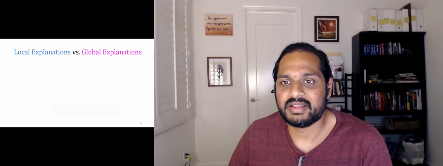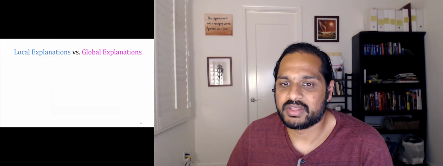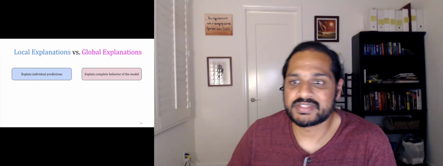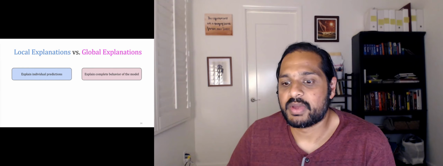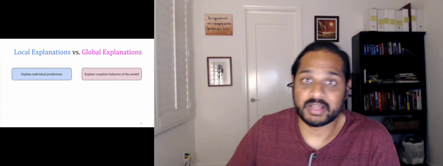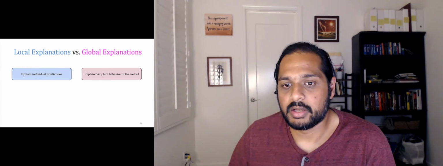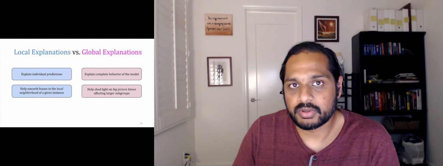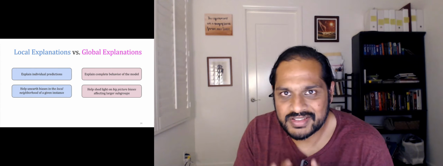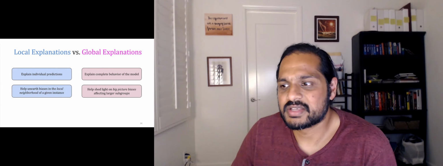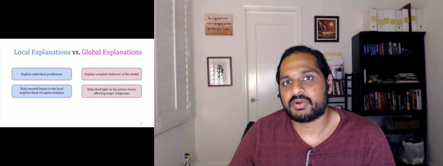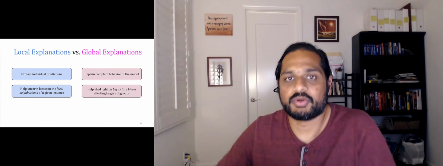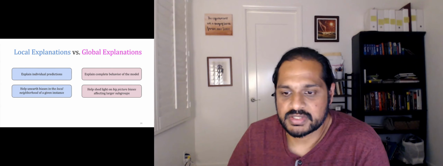Here are some high level reasons why they're different. Just to remind you again, local explanations explain individual instances or individual predictions, whereas global explanations are used to explain the complete behavior of the model. And so local explanations tend to unearth biases in the local neighborhood, so what's going on for a specific instance or similar instances, whereas the global ones can shed light onto bigger picture biases that your models may have on larger subgroups than just a few instances.